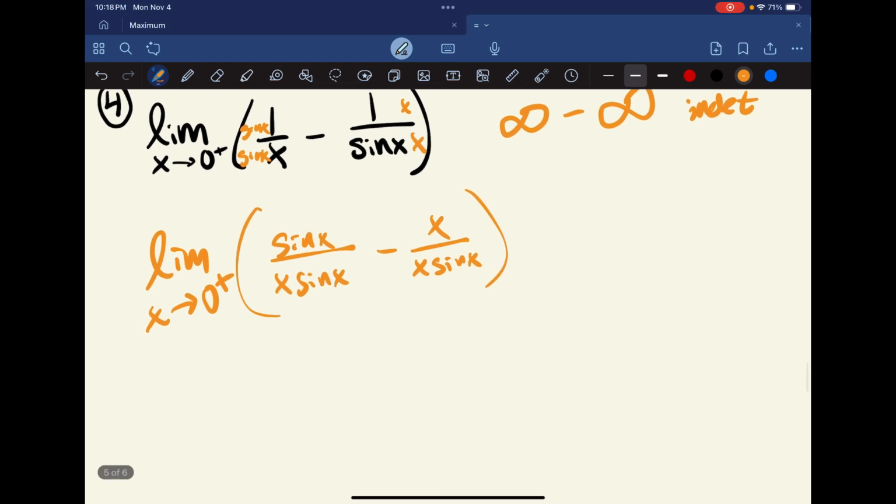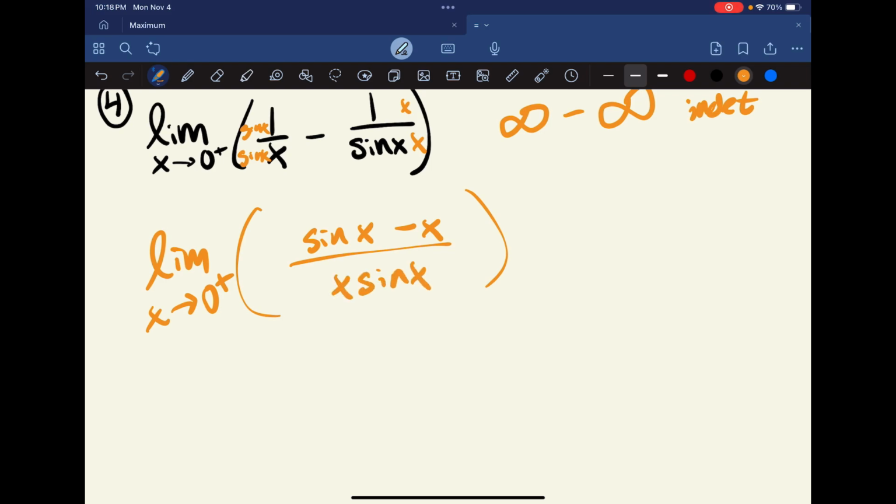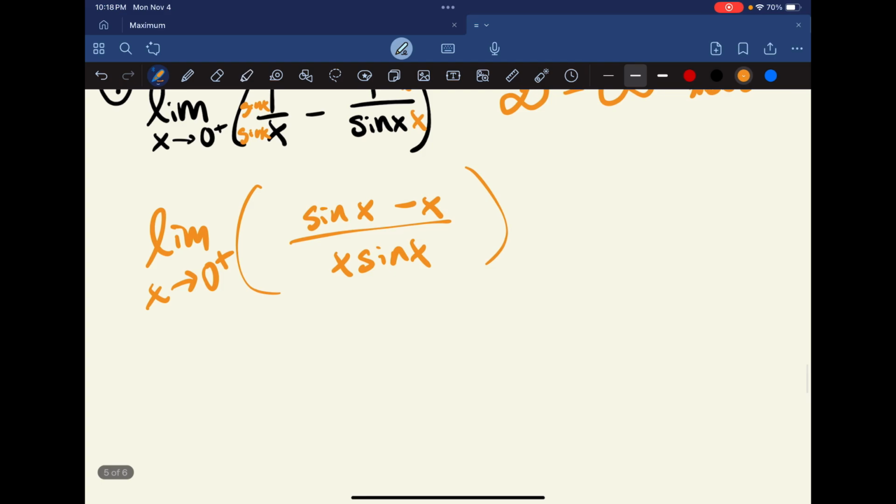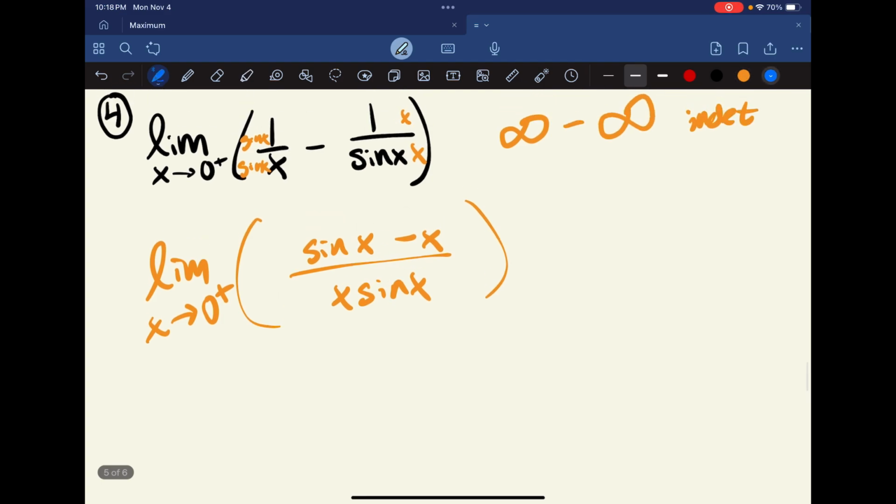So then we combine that all into one fraction, and we get sine x minus x, all divided by x sine x. So then now we've got a fraction that we can use L'Hopital's rule on, right?